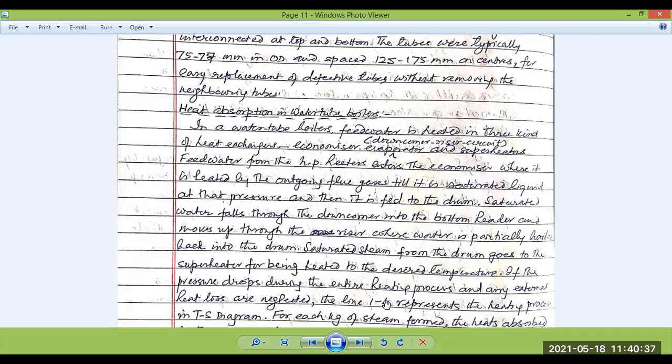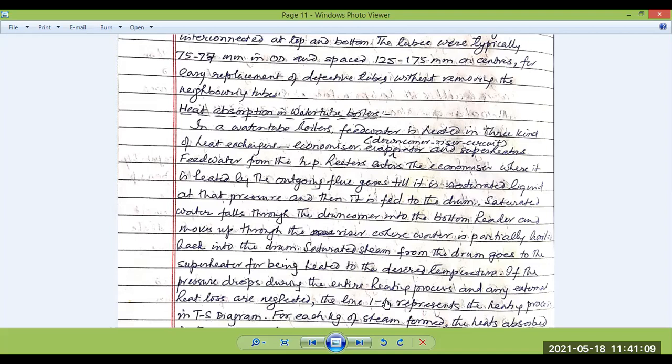In the economizer, the same flue gases that heat the boiler drum are used to heat up the liquid water. The liquid water is not boiled here, but brought to the saturated liquid state at that pressure, and then it is fed to the drum itself.